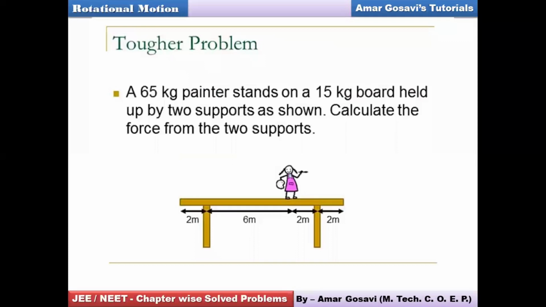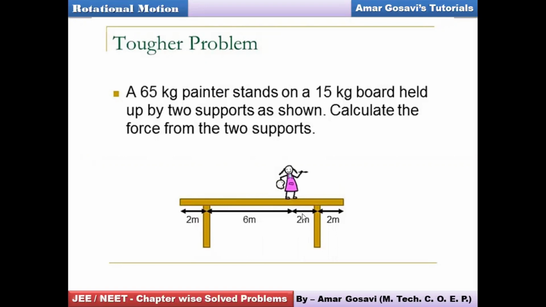Let's go to a tougher problem. Okay, so here you can see a 65 kg painter stands on a 15 kg board held by two supports as shown. These are the two supports, with the corresponding distances. Calculate the force from the two supports. Now here it's not a fulcrum. Here we are supposed to estimate the normal force exerted at these two supports.